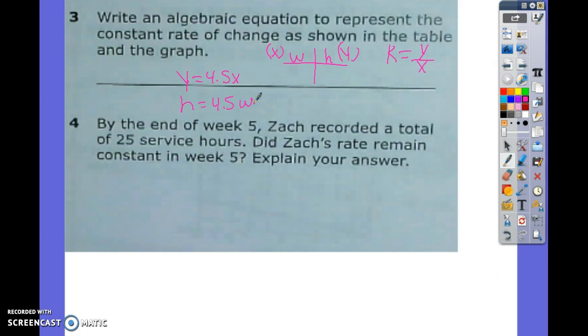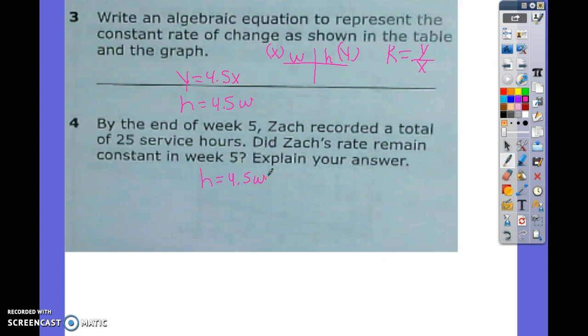Number 4. By the end of week 5, Zach recorded a total of 25 service hours. Did Zach's rate remain constant in week 5? Explain your answer. So we're going to have our equation, which is h is equal to 4.5w. And it's telling us that he had worked for 5 weeks, and is it going to be 25 service hours?